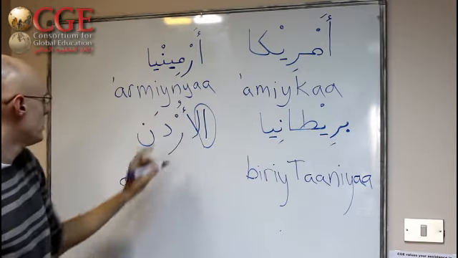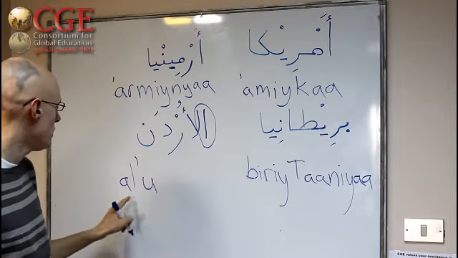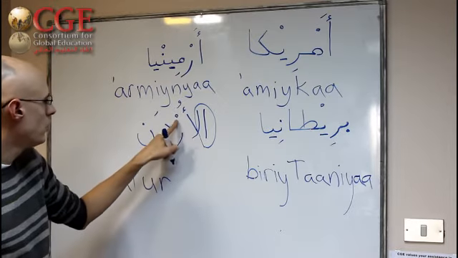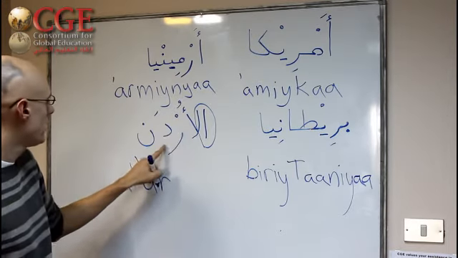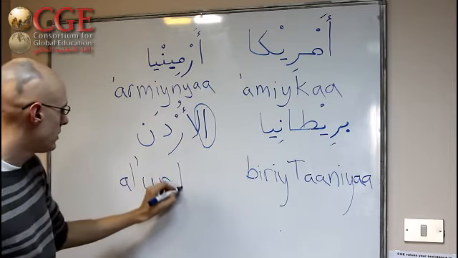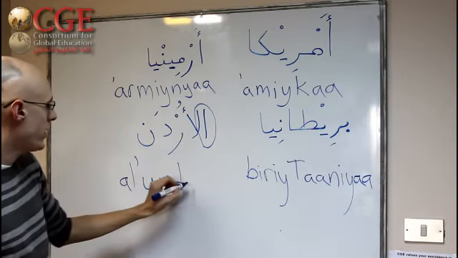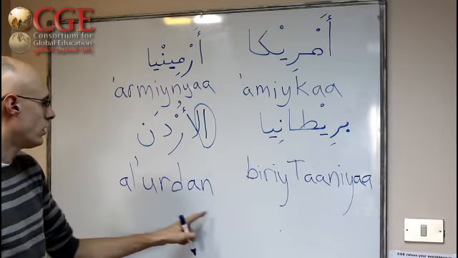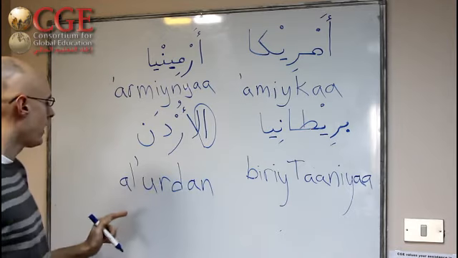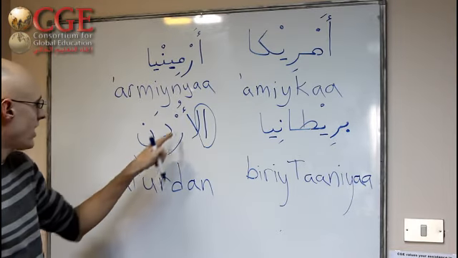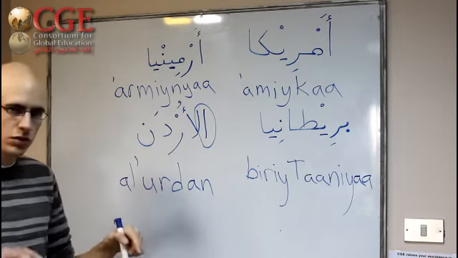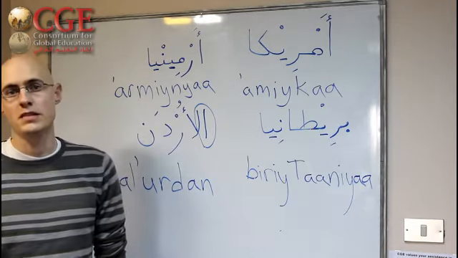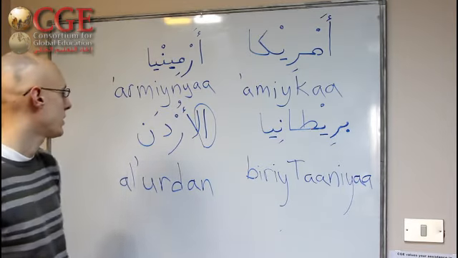This one has an oo. So we go al oo, and then R, no vowel after it. Then we have a D, short A vowel, and an N. Al-Urdun. Even though this is supposed to be a flapped R, it often gets sort of trilled when you try and say Al-Urdun. And this is Jordan. This is how we say Jordan in Arabic.